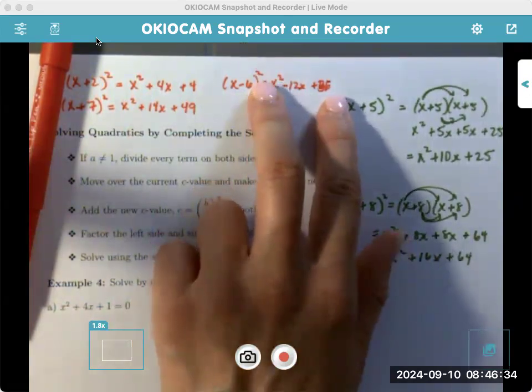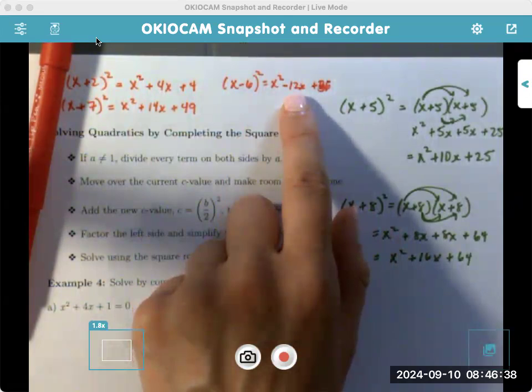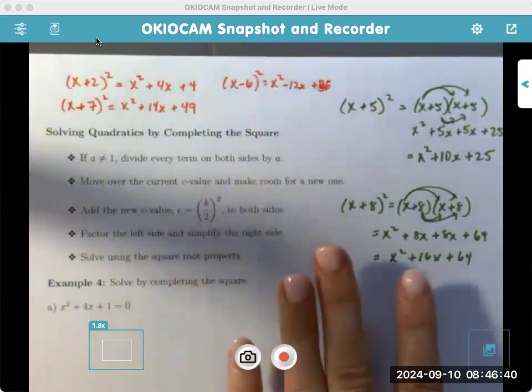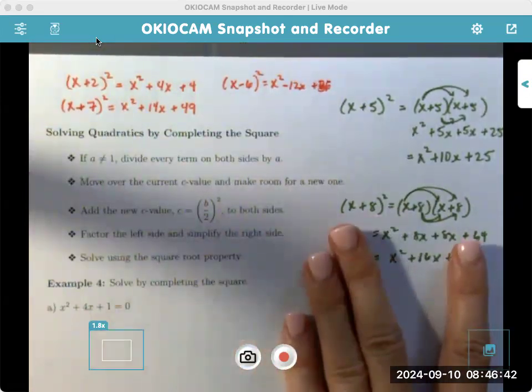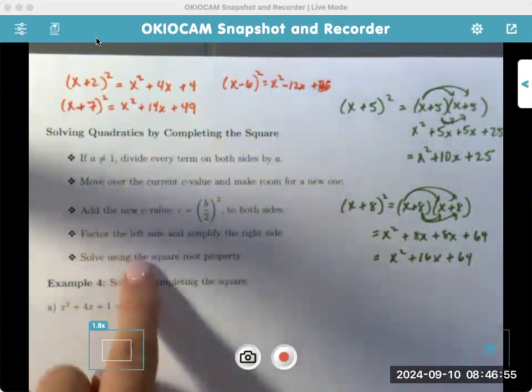So we split the x from the number and then divide by 2. So that would be a negative 6. Like here, if I just had x squared plus 16x, instead of combine and double, we split and divide. So that would just be 16 divided by 2, which gives us 8. That's what all of this says.